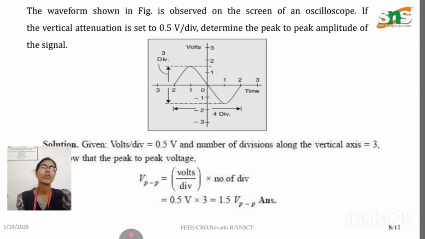For the given waveform, the voltage division is 1.5 and the time period is two divisions. This gives the peak to peak amplitude of the signal, where the vertical attenuation is set to 0.5 volt per division, as observed on the screen of an oscilloscope.